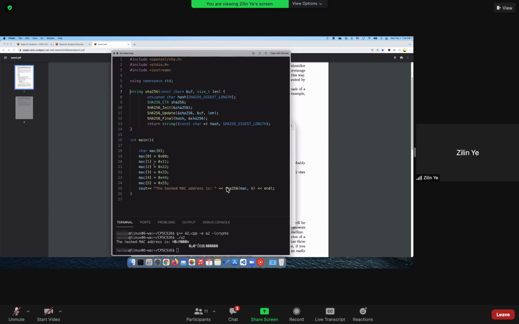I didn't check this code myself, because it was provided by the instructor. After I looked up the documentation of the OpenSSL library, it turns out this computed hash is returned in binary form.